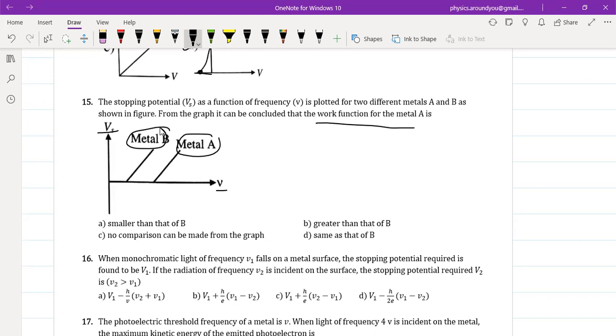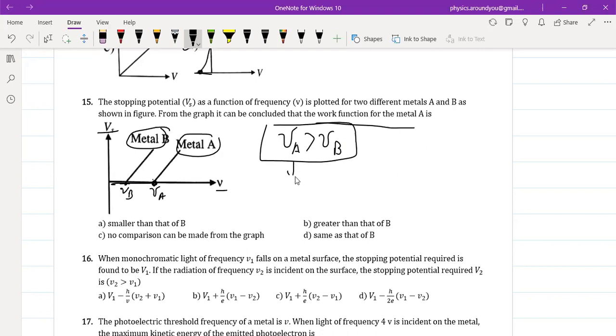What we can conclude about this is, you see, photoelectric emission begins for metal A at a higher frequency than for metal B. I can say the frequency of radiation required to start photoelectric emission is greater for metal A than metal B. What does that mean?